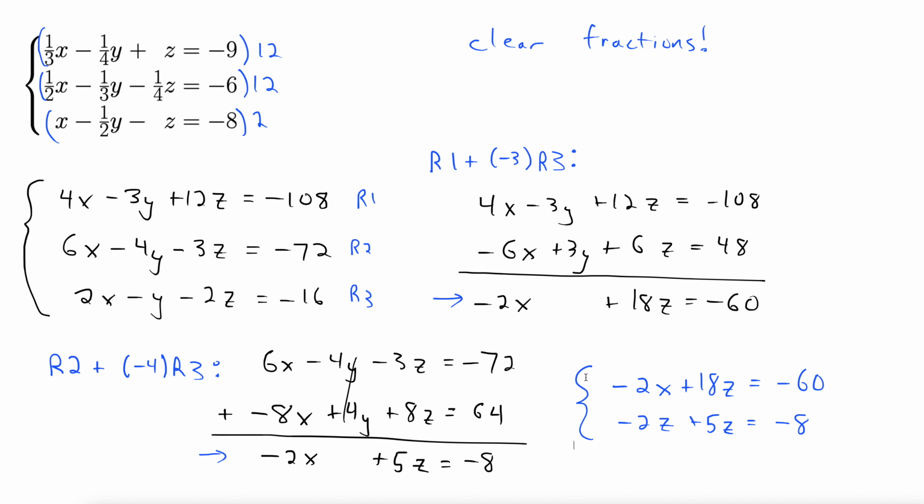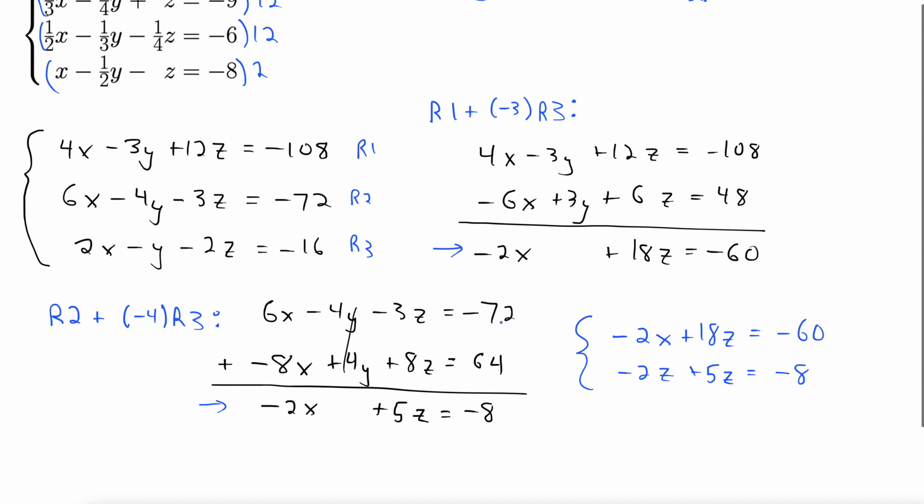How nice, right? They're not too bad, because here we can simply multiply this bottom row by negative 1. I don't know why I have a z here. That should be x. Okay, now they line up nicely.